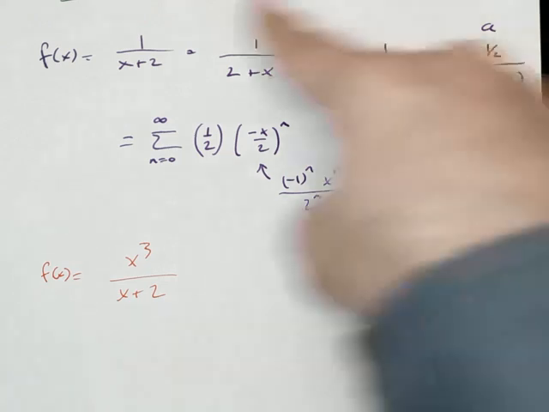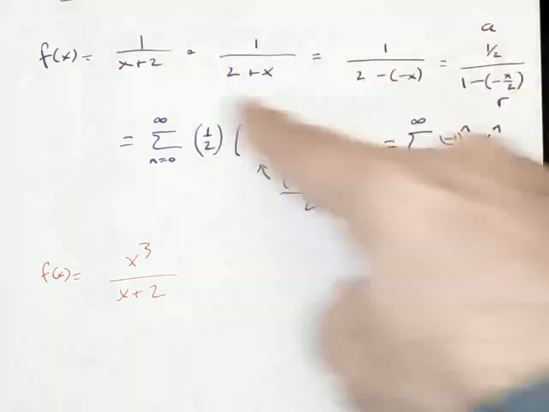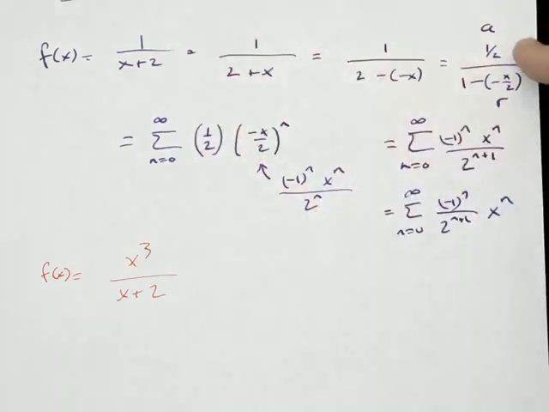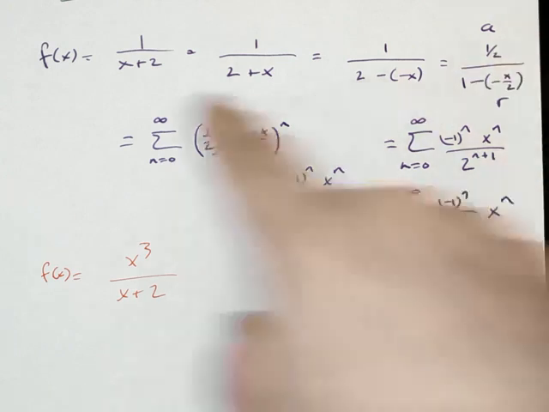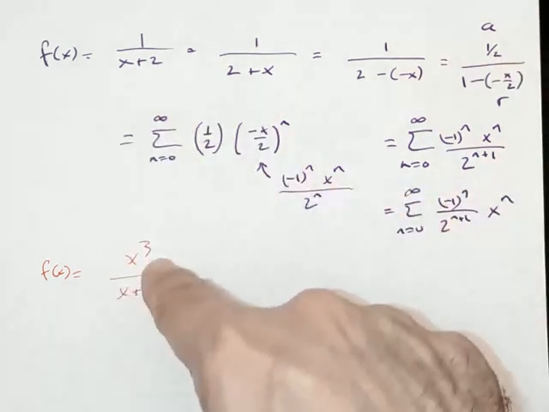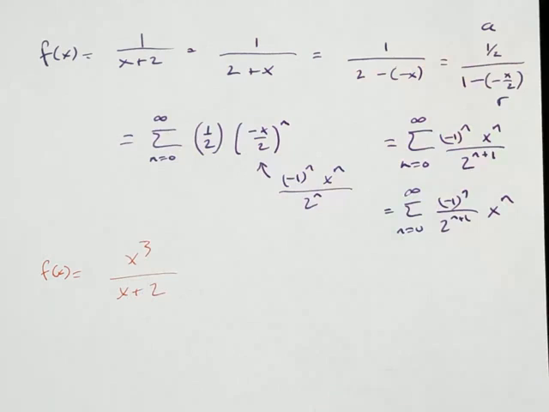Which means I would go through all of the same algebra here. What would I end up with on top at this end? But I also need to take care of that x cubed, don't I? So what would end up on top there is x cubed over 2.